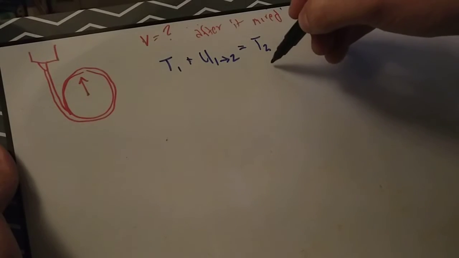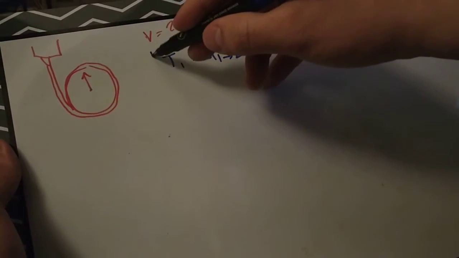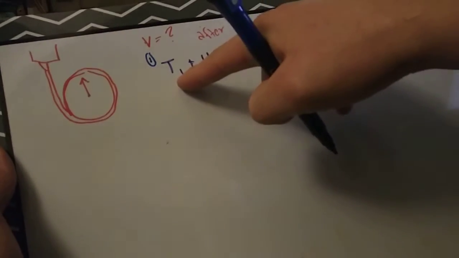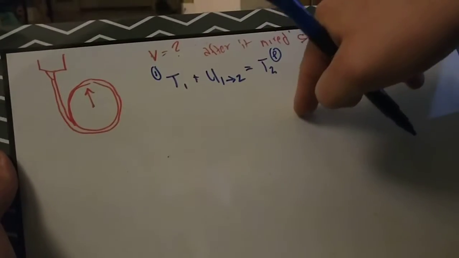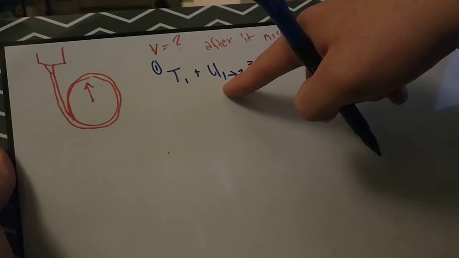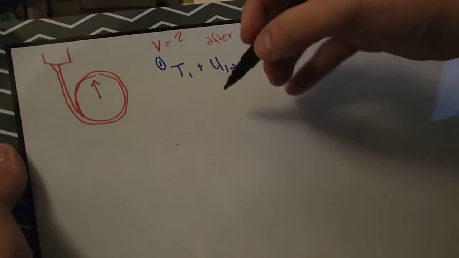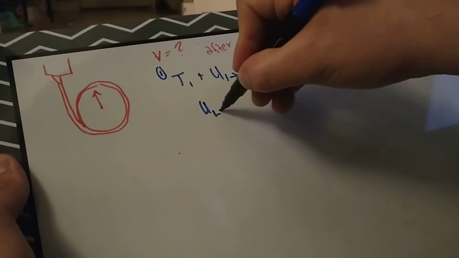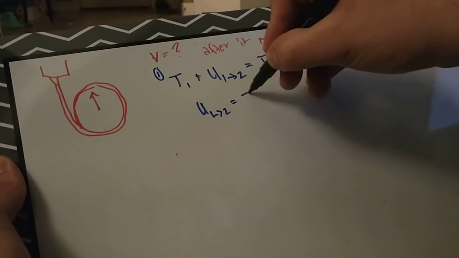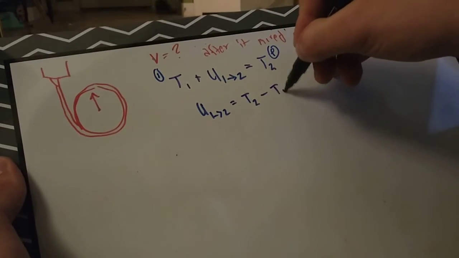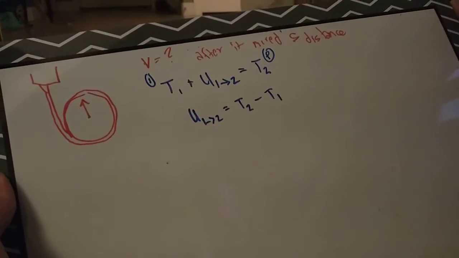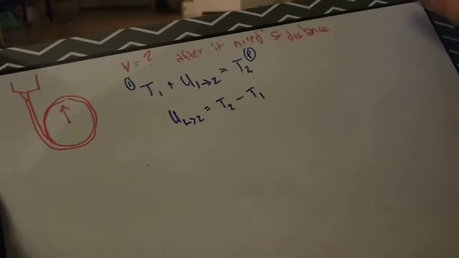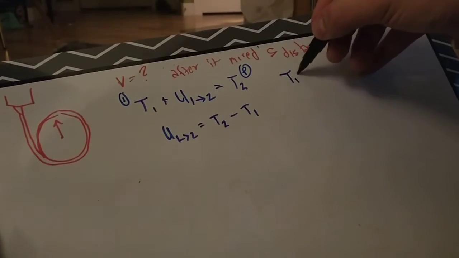And these are the initial values of kinetic energy, and this is the work done by external forces on the system. So we can go minus T1. Neat. We know that at T1, the thing's just stationary. It's not doing anything. There's no kinetic energy.